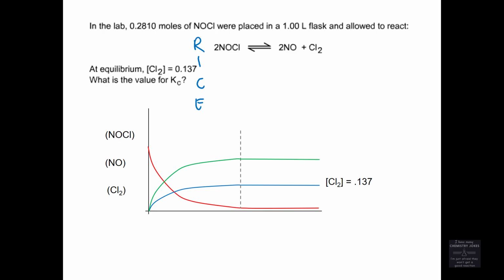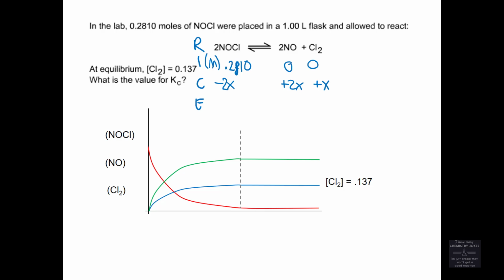So 0.2810 moles divided by 1 liter, because this is initial molarity, is 0.2810 molarity. None of this and none of that. Minus 2x, plus 2x, plus x.